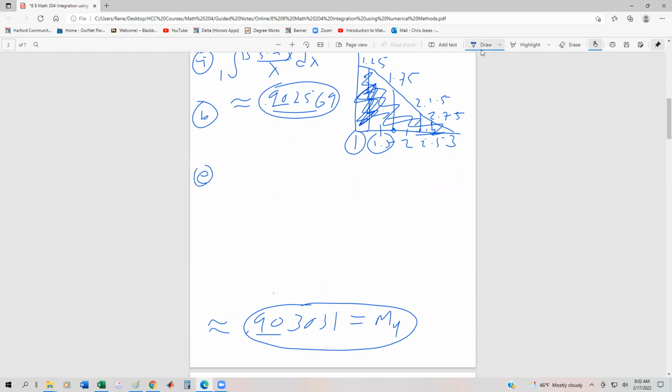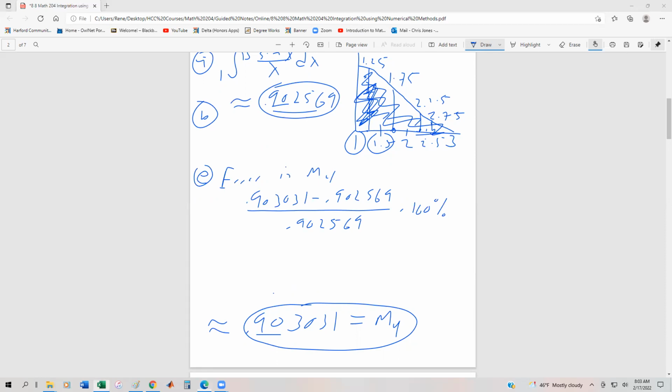So in this case, for the error in M4, that's going to be 0.903031 minus 0.902569 divided by 0.902569. And we're going to multiply that by 100% once we get the answer.